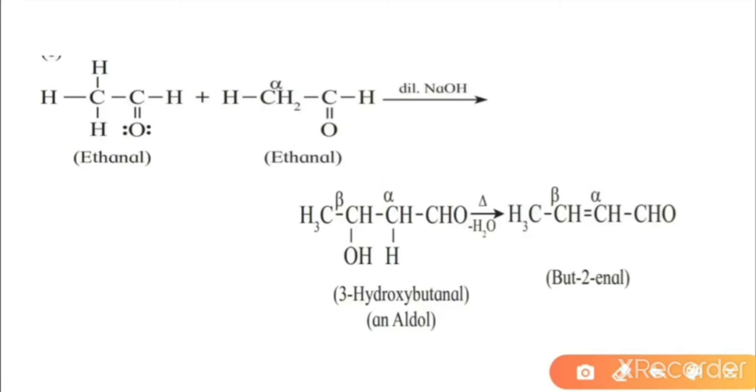Consider an example of an aldehyde which contains alpha hydrogen atoms: acetaldehyde, first molecule, second molecule. When two molecules of acetaldehyde are treated with each other in presence of dilute sodium hydroxide or potassium hydroxide or sodium carbonate, it gives beta hydroxy aldehyde.